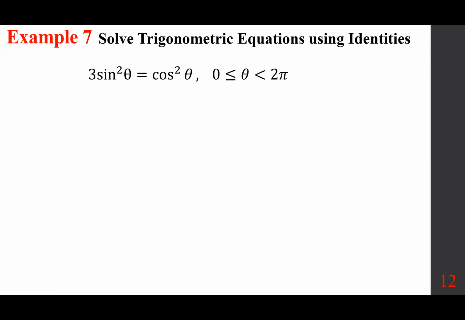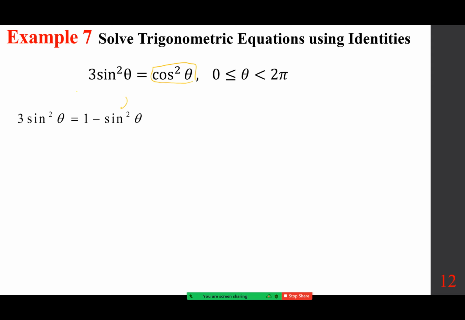We want to solve this trigonometric equation, and there are 2 ways. One obvious way is to change one of them, either sine to cosine or cosine to sine, meaning if I want to change this to 1 minus sine squared, I can do the job. Let's look at that one.